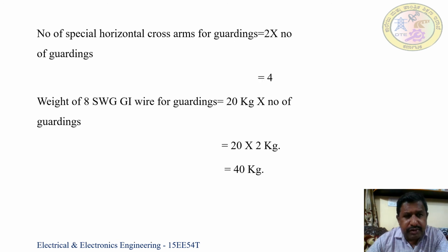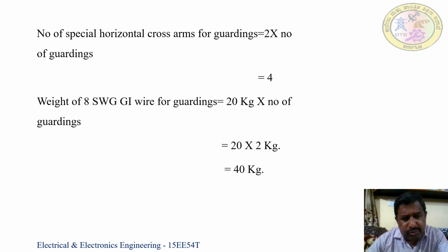Next item is number of special horizontal cross arms for guardings. So that is 2 into number of guardings. We are taking the guardings as 2 numbers for the railway and highway crossings. So that is 2 into 2, which is 4 sets required. Next item is weight of 8 SWG GI wire for guarding.